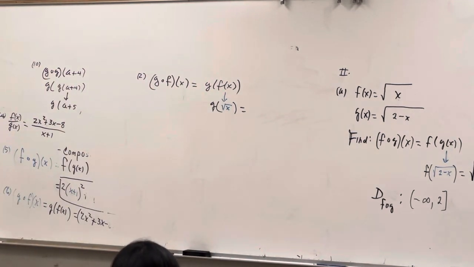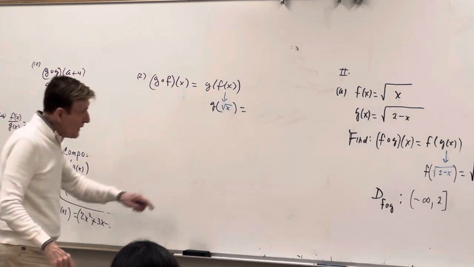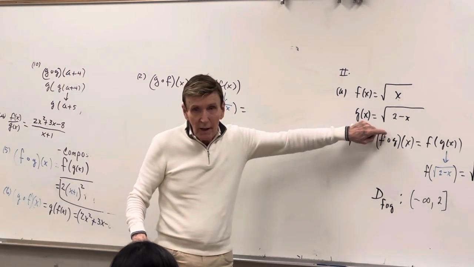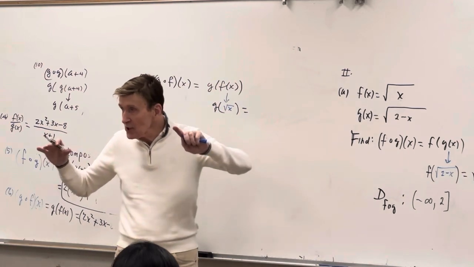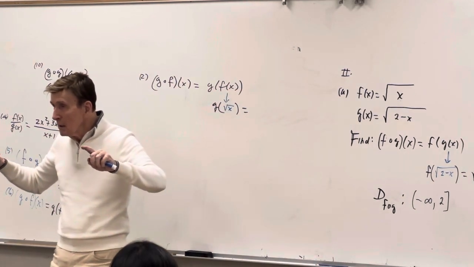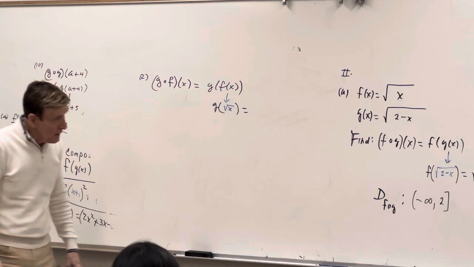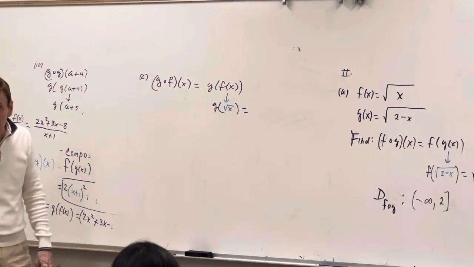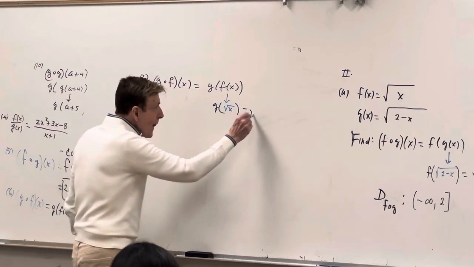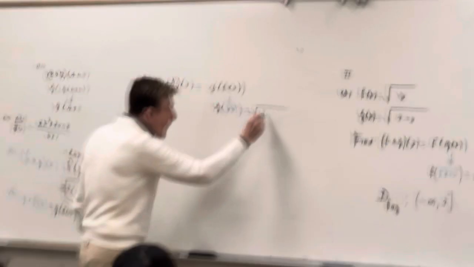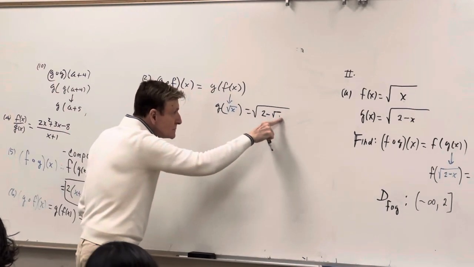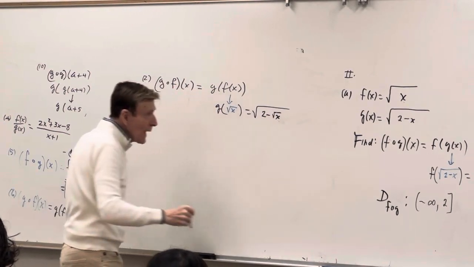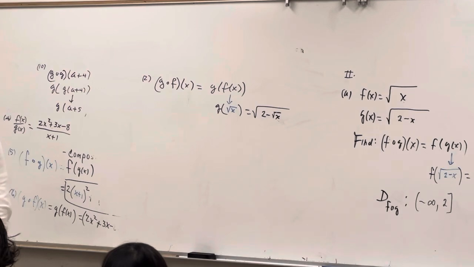Let's go to my g function and do a replacement. If I go to my g function, right here it is, and replace with that square root of x, can anyone tell me what that strange answer may look like? Go to the g and do your business there. What does it look like? Andrew? The square root of 2 minus the square root of x. Absolutely. That's the answer.